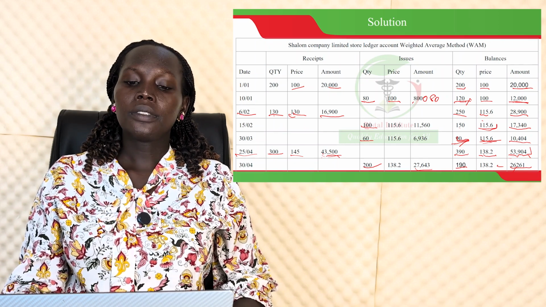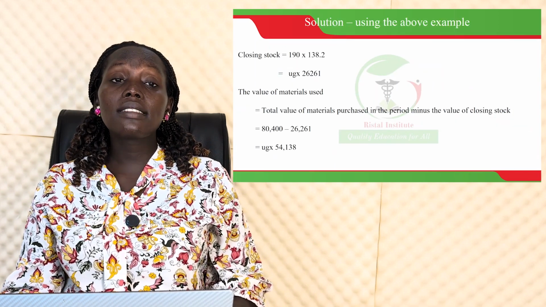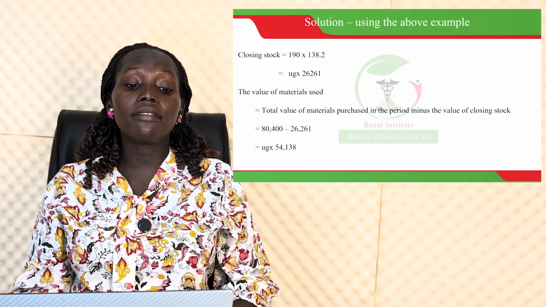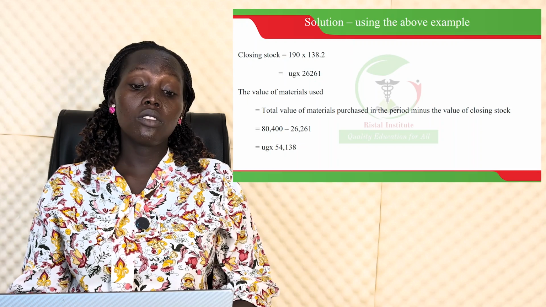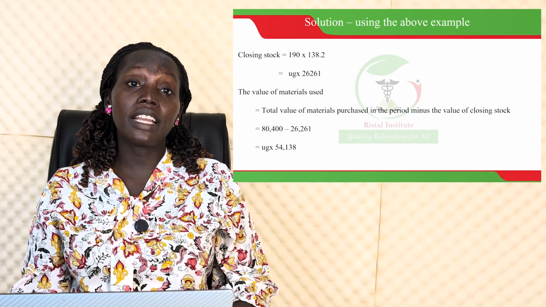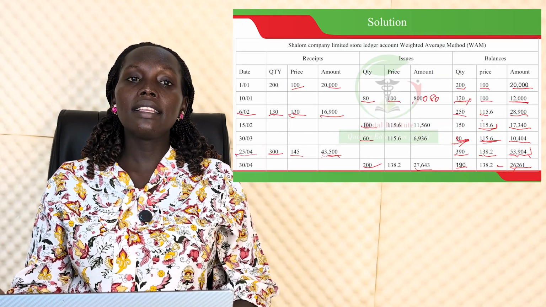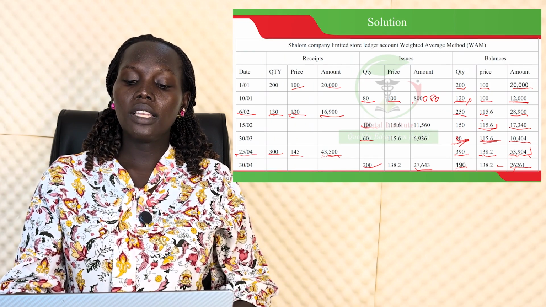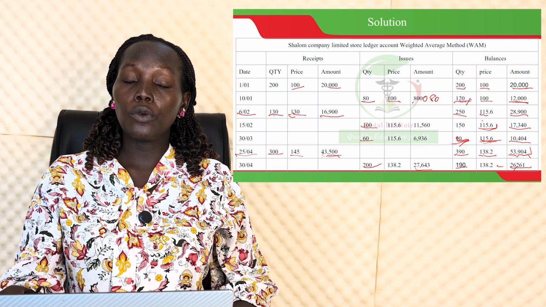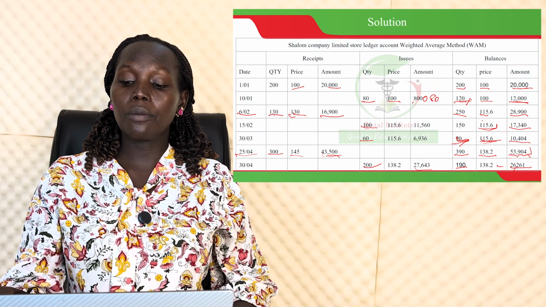26,261. So let's calculate the value of the closing stock. What is our closing stock? To get the amount for the closing stock, you get the value of the last quantity, which is 190 times the new ruling price.